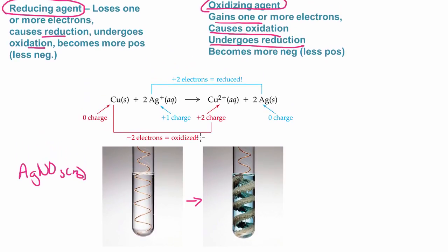So here's what's happening. We have solid copper, and remember, aqueous silver nitrate looks like this. We have silver and nitrate ions, right?